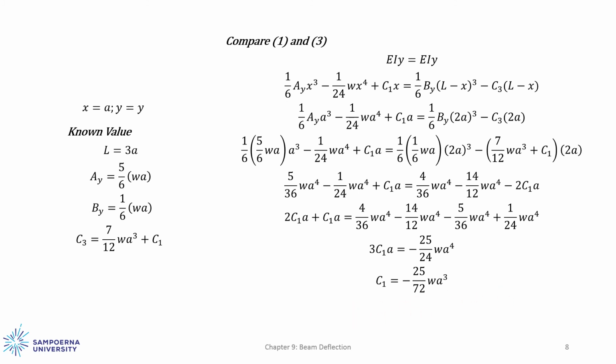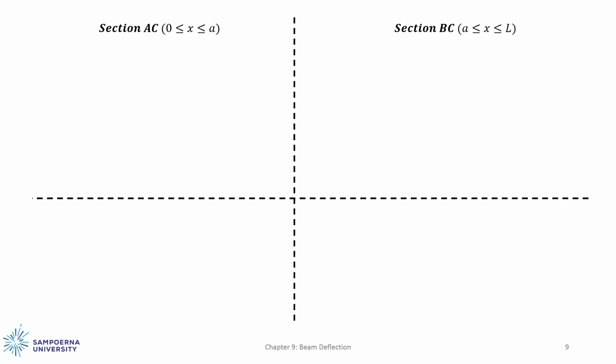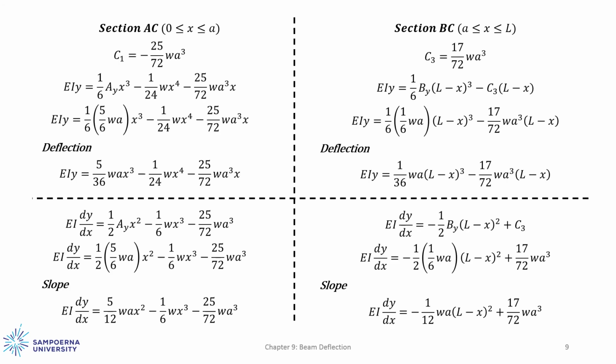We could also simplify C3, and by substituting C1 into the equation for C3, we get C3 is this. Next, we already know all of the unknowns. Then we could substitute the unknowns into the equation of the elastic curve, and we get much simpler equations for both sections.